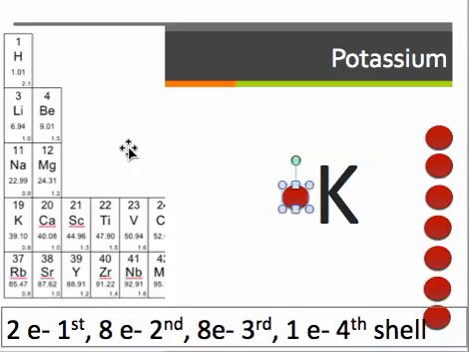So elements that are in the same row have the same characteristics, and potassium, just like sodium, has only 1 valence electron.